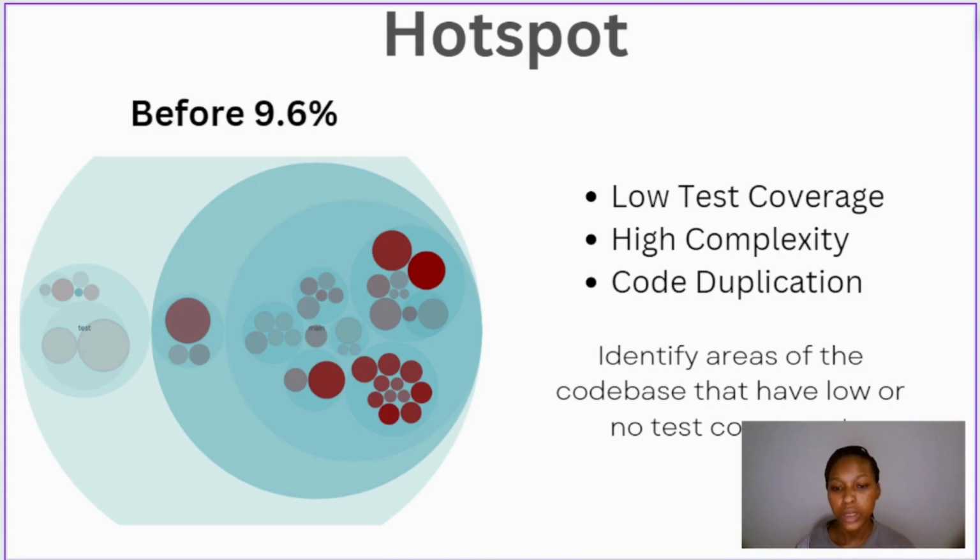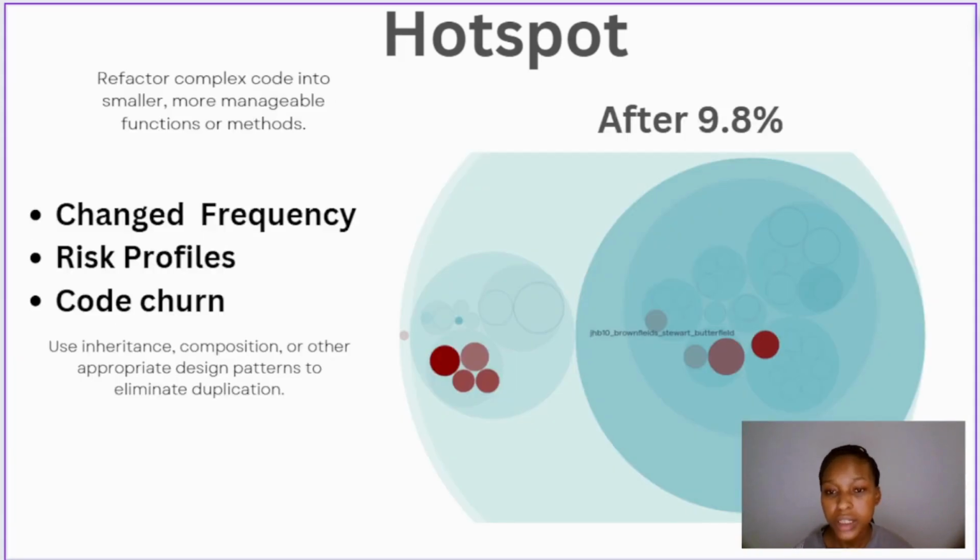It shows the hotspots, the areas that require our immediate attention. This is our CodeScene after we were able to improve our code base and pay off the technical debts. So we were able to improve it from 9.6 to 9.8.